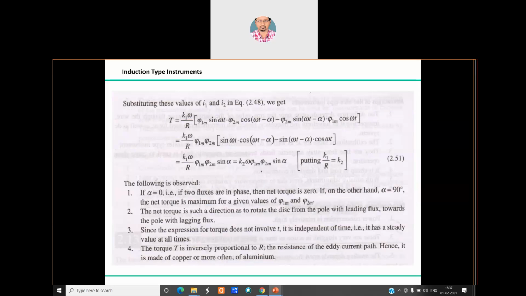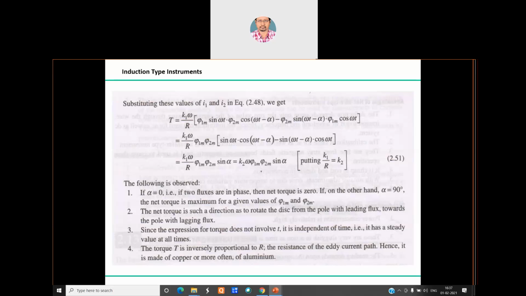We will get the torque equal to K1 into omega by R, and substitute these values from the previous equation 2.48. So do your permutations and combinations, apply the transformations, and finally apply your trigonometric expansions and simplify it.